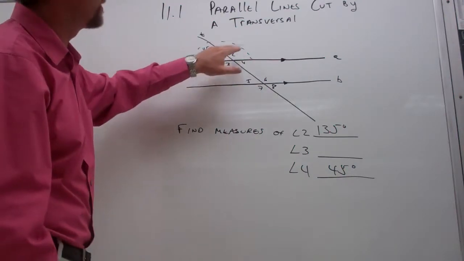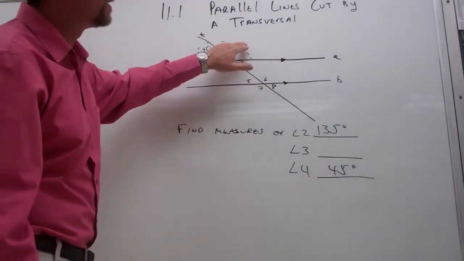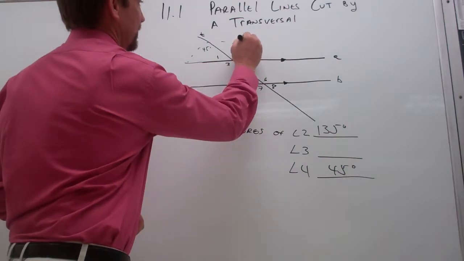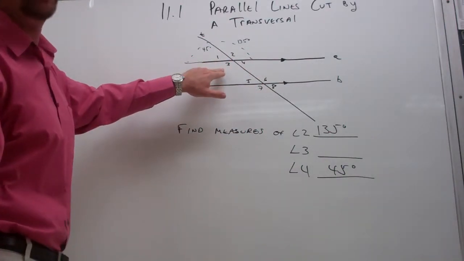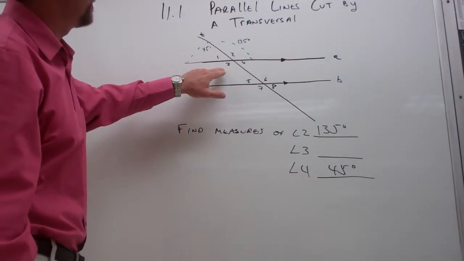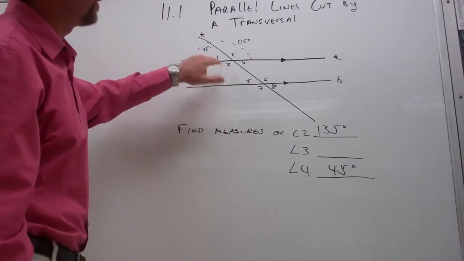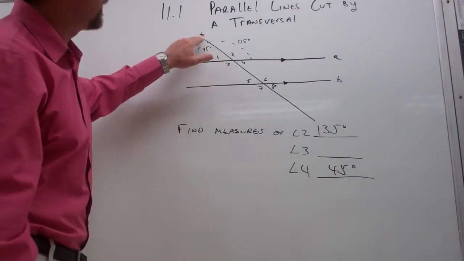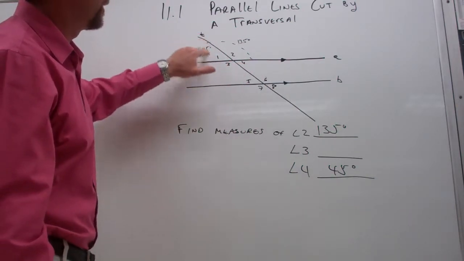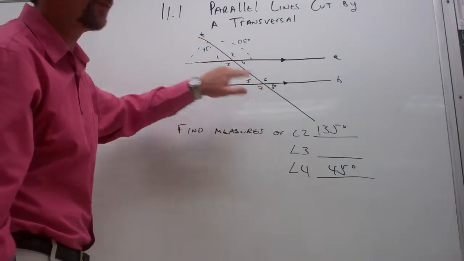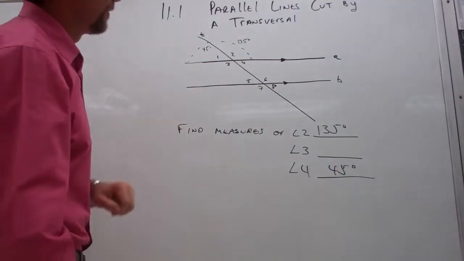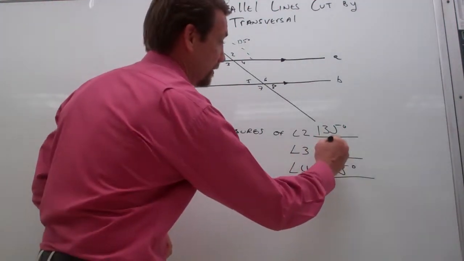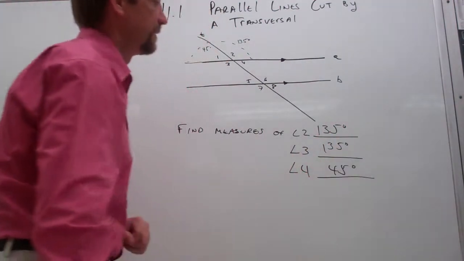We can say that because it's vertical with angle 2, and 2 was 135 degrees. We could also say that 1 and 3 are supplementary. They make the transversal, so they have to add up to 180 degrees. So angle 3 must also be 135 degrees.